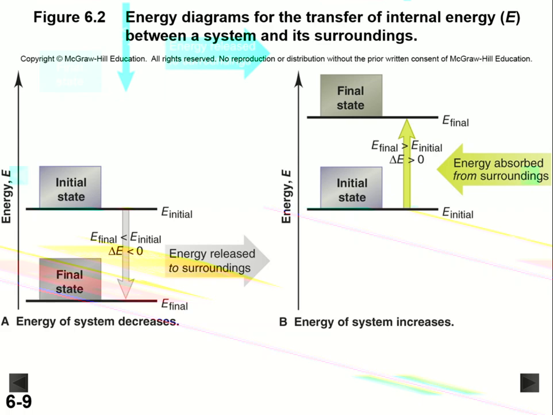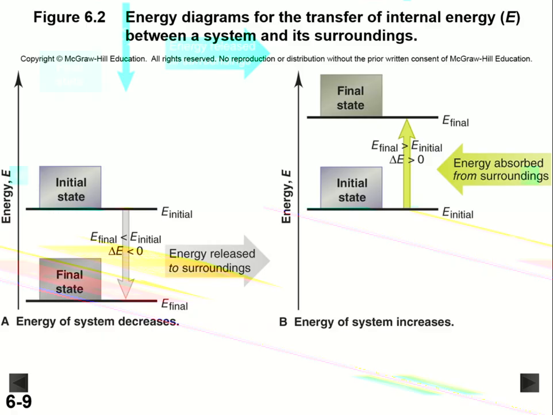Therefore, delta E is less than 0. E final minus E initial will be a negative value. Energy has been released into the surroundings, and that may be handled as heat or as work, or some combination of those two. So this is a case where the energy of a system has decreased during a process.